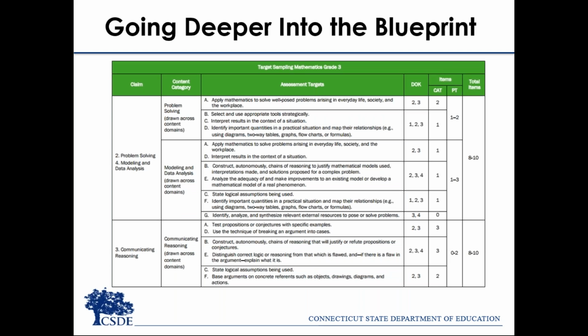The blueprint contains more information than just information about the claims. The blueprints are expanded to show specific assessment targets related to those claims. We're going to take a look now at targets because that can be what really drives your instruction.